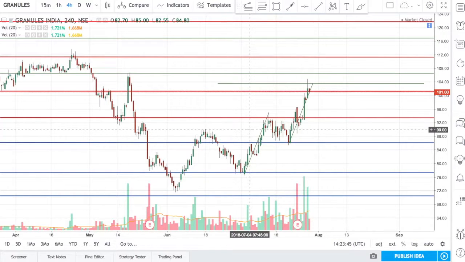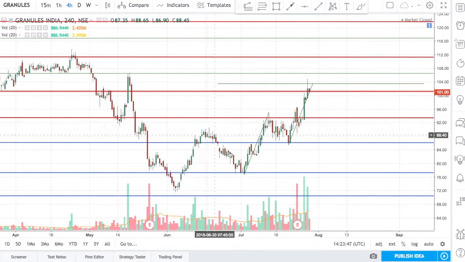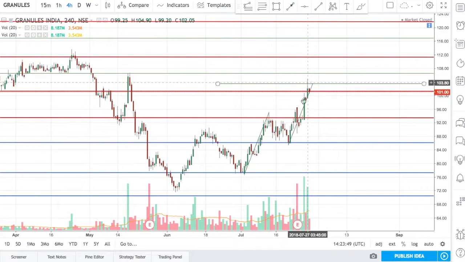Second, if we take a look at this move here, we are in the final leg of a possible Elliott wave. For your information, an Elliott wave consists of 3 upward legs and 2 retracement legs.